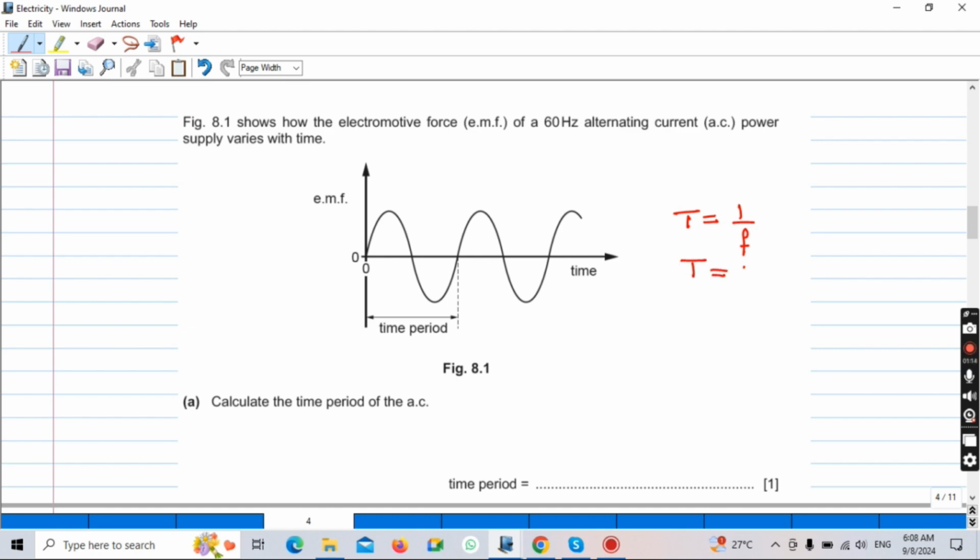So time is equal to 1 over 60 hertz. So the period is going to be 0.017 to two significant figures, 0.017 seconds. Okay.